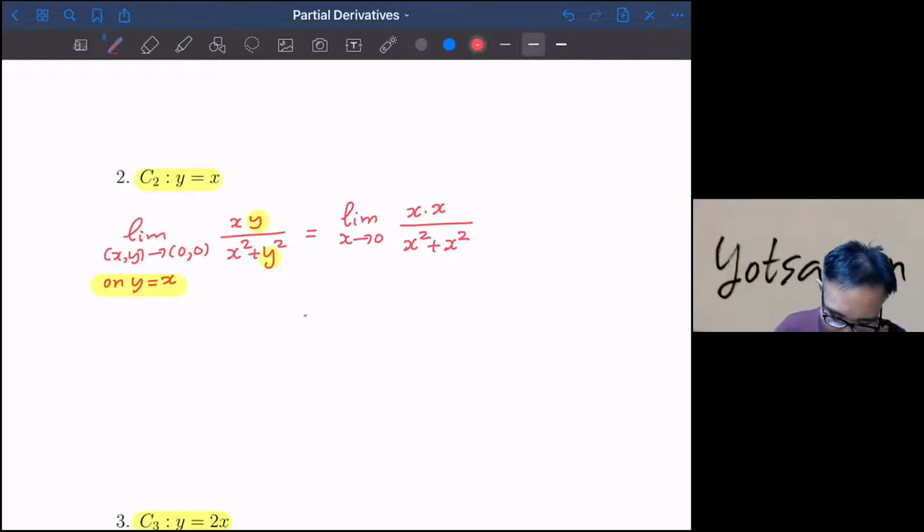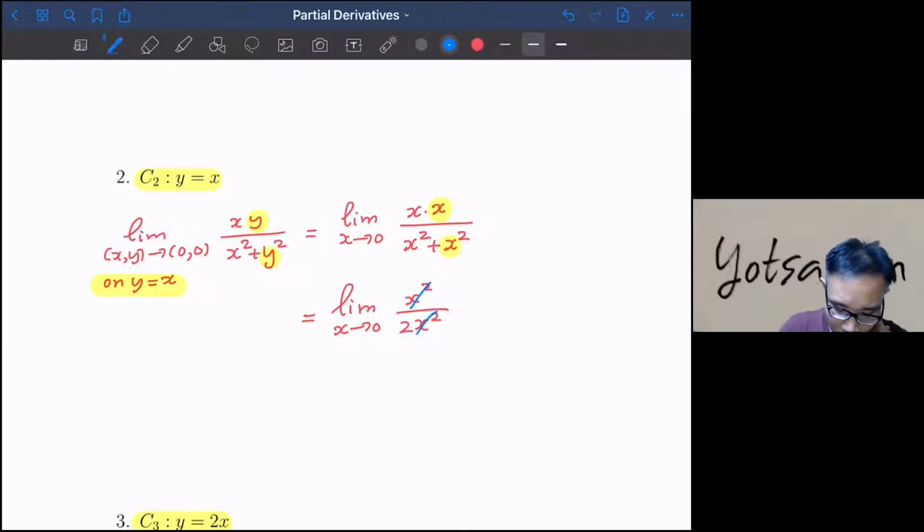Okay, so in this case, let me highlight y, so that my y equal to x that I plug in. You're going to have limit x goes to 0, x times x is x squared, plus x squared is 2x squared, and this cancels.